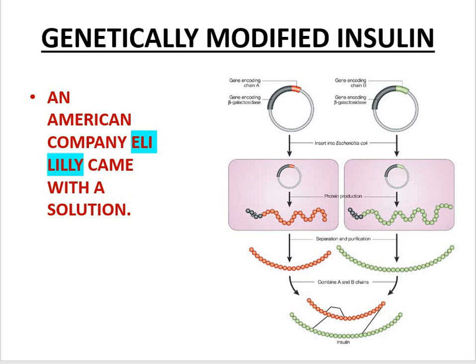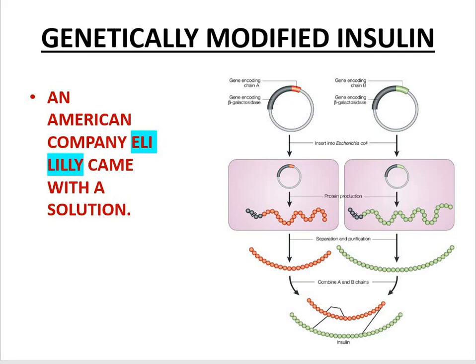The gene encoding chain B was joined, and this plasmid was introduced in a separate bacteria. Thus, chain A and chain B were encoded into separate plasmids, which were introduced in two separate bacteria. The bacteria used for this purpose is the Escherichia coli bacterium.